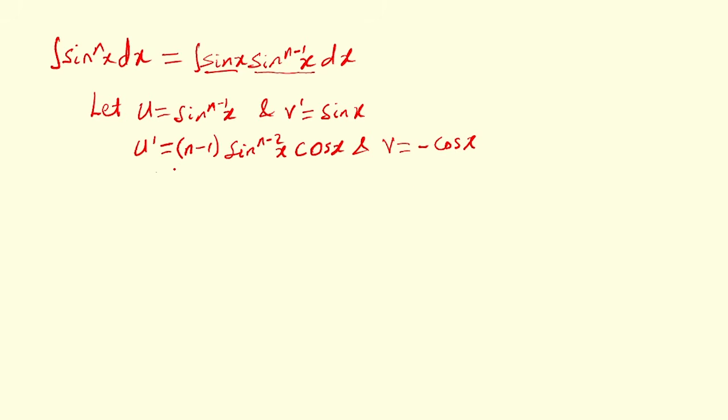Okay, then when we apply integration by parts, the integral of sine raised to n x dx is equal to, look, the integral of u v prime is equal to uv, that is, minus sine raised to n minus 1 x cos x, minus the integral of u prime v.